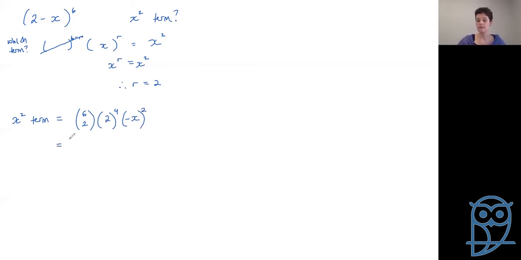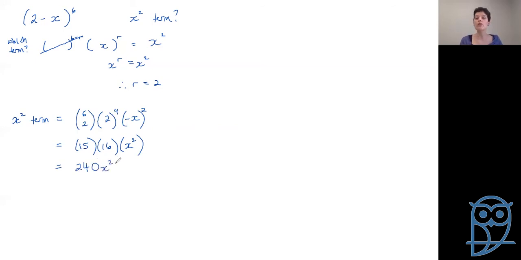So what is 6C2? 15 times 2 to the power 4 would be times 16. Minus x times minus x gives us x squared. So 16 times 15 gives us 240 x squared.